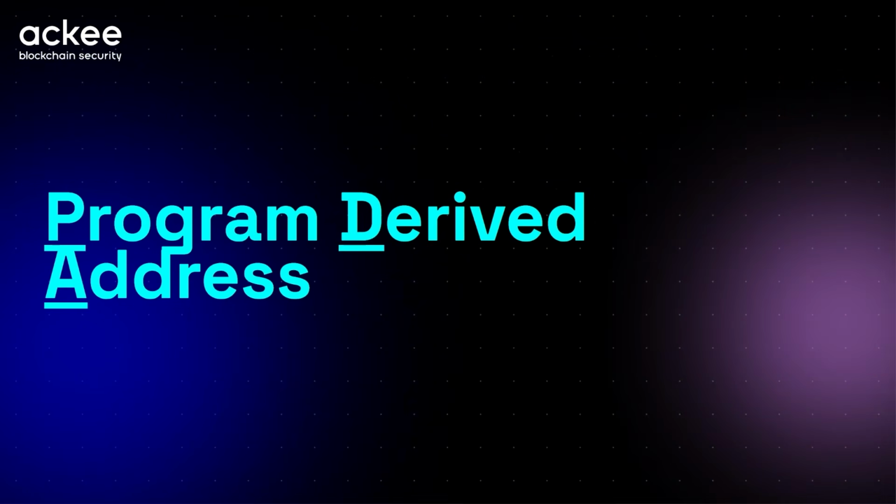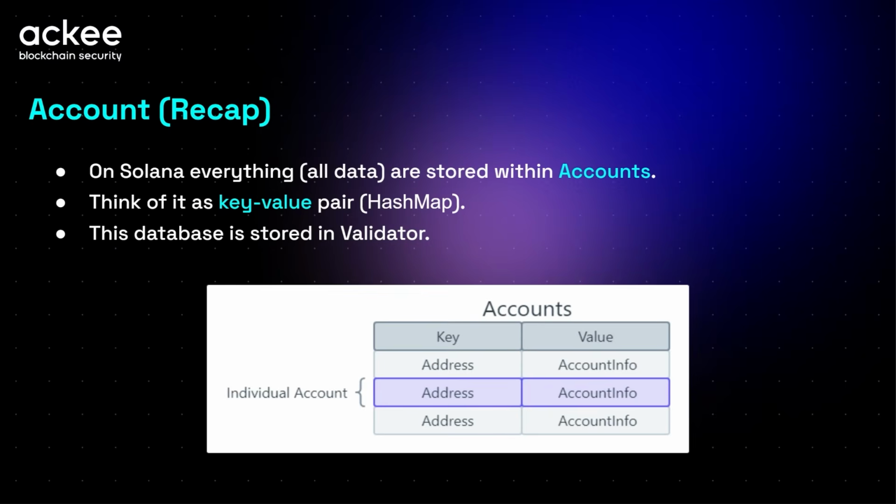Firstly, let's start with the program-derived address, or you may know it also as PDA. In order to understand the PDAs, let's just quickly recap the accounts. So on Solana, everything basically is an account, everything is stored in accounts. We were talking about the structure such as a hash map, where you have key and value pair.